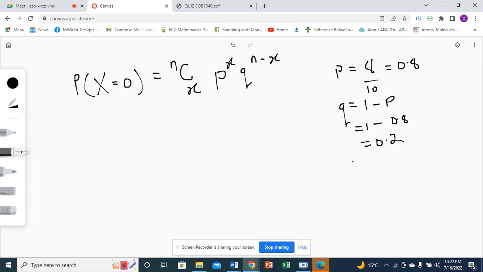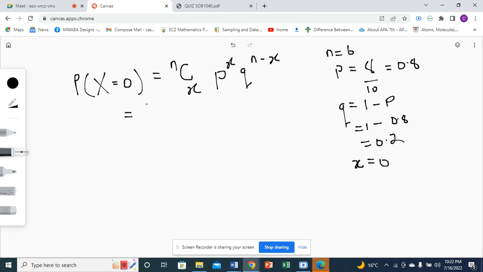If none of the marketing strategies are effective, then x equals 0. So we put this into our formula. n represents the number of trials, 6.